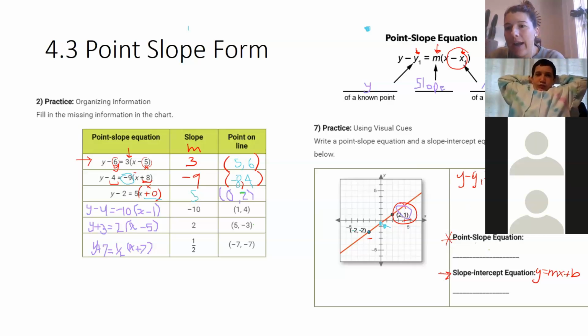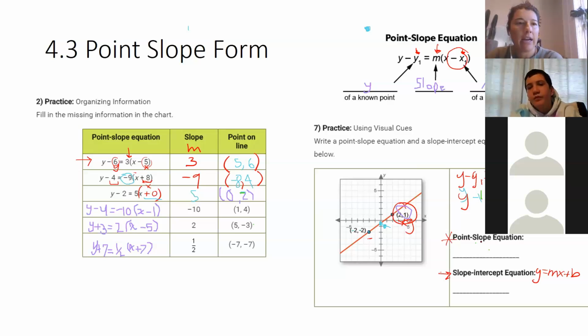Okay. So go ahead and substitute in your information. So our x is going to be 2, our y is going to be 1. Good. So x minus 2. Beautiful. Y minus 1. Good. Okay. How are we going to find our slope? Our m. Do we know 2 points on our line? Yeah.